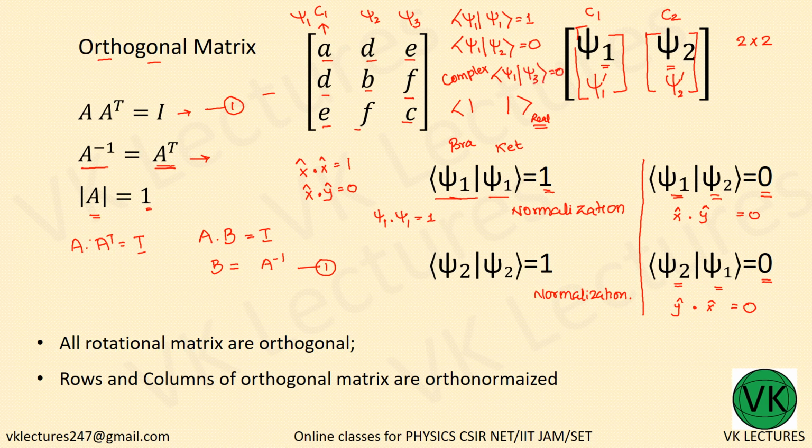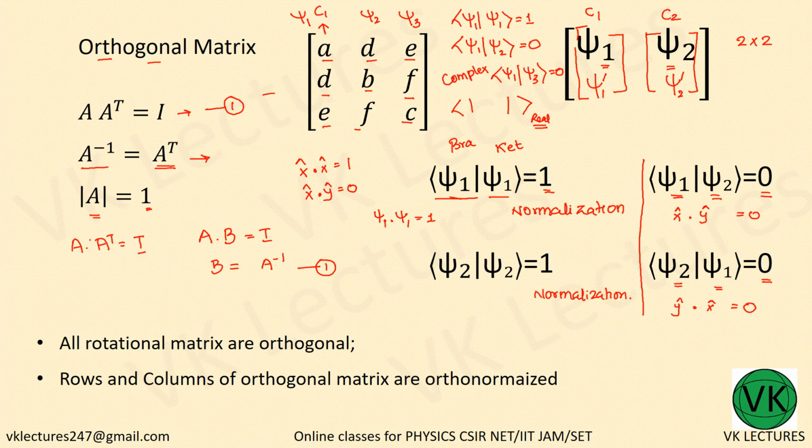That means if you make a dot product of column 1 with 2 or 3, you will get 0, while with the same one you are going to get 1.